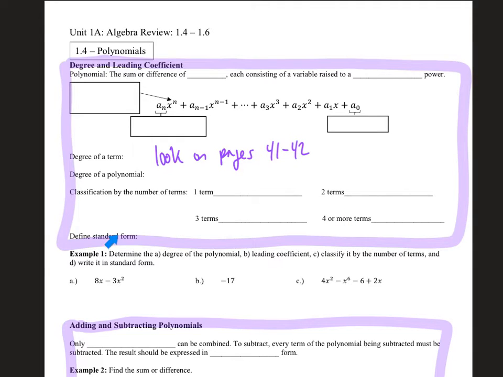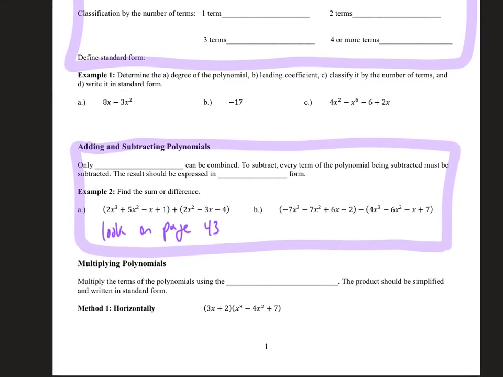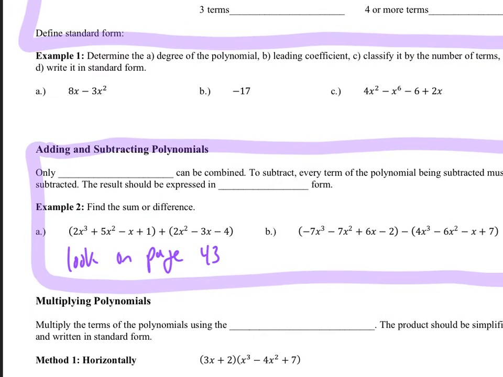And then there's also defining standard form down here. This is all stuff that you've gone over before in different classes, so it should be familiar to you. We're going to go ahead and use that information to answer these questions here.